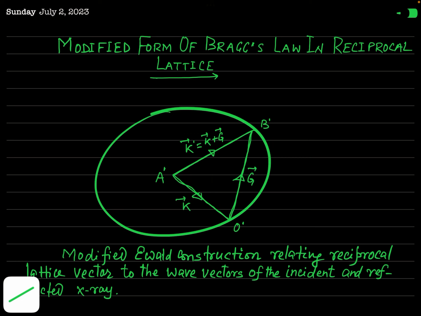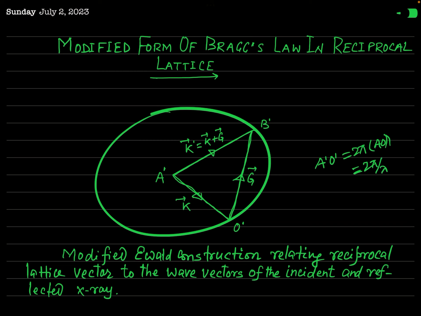Actually, the magnitude of vector A prime O prime is equal to 2 pi times the magnitude of AO. And as you know that AO is equal to 1 over lambda, so this is actually equal to 2 pi over lambda.